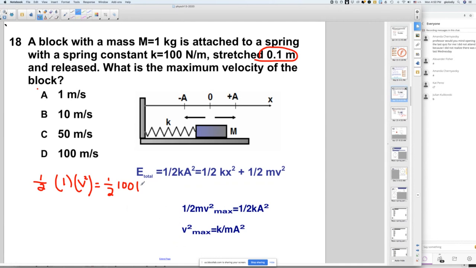If you square that, you get 0.01. So now can you solve this? I see not too many people want the extra points that I give for class participation.